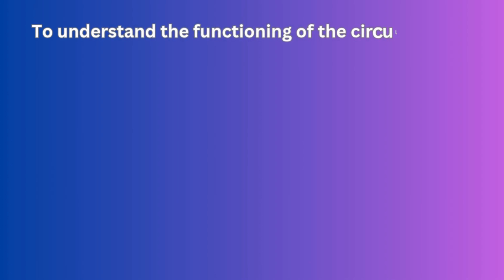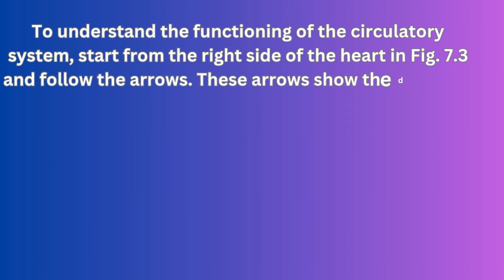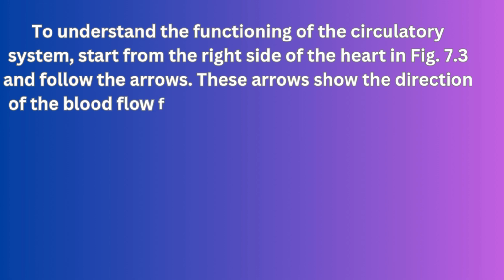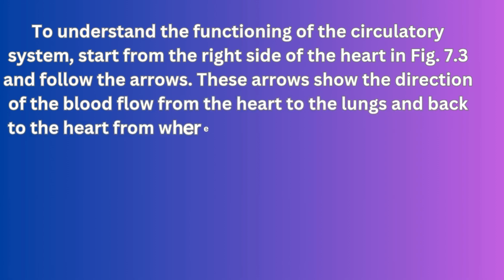To understand the functioning of the circulatory system, start from the right side of the heart in Figure 7.3 and follow the arrows. These arrows show the direction of the blood flow from the heart to the lungs and back to the heart from where it is pumped to the rest of the body.